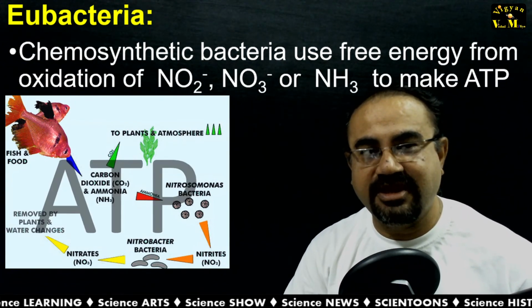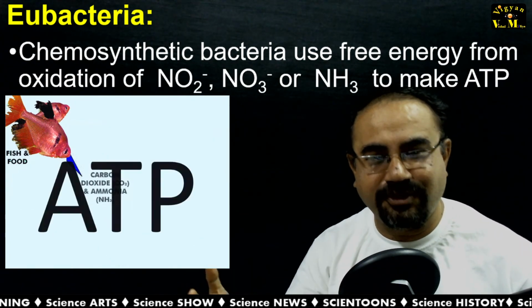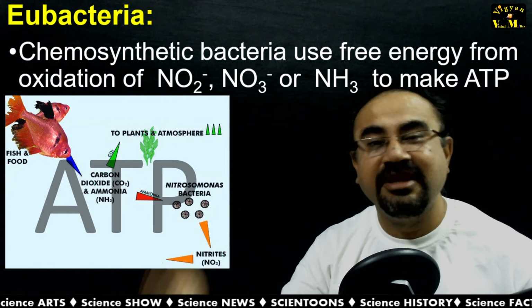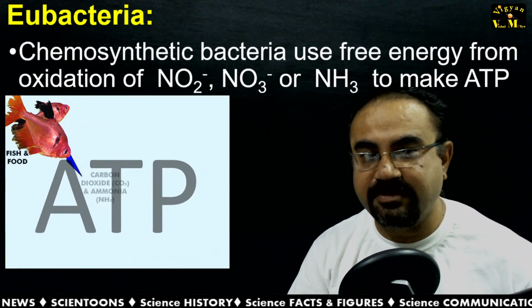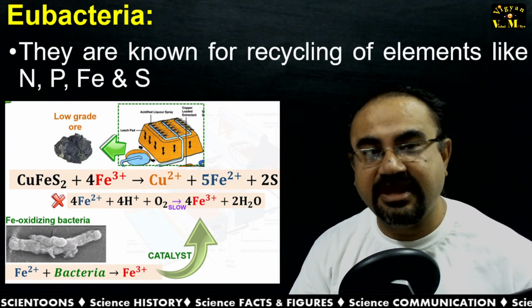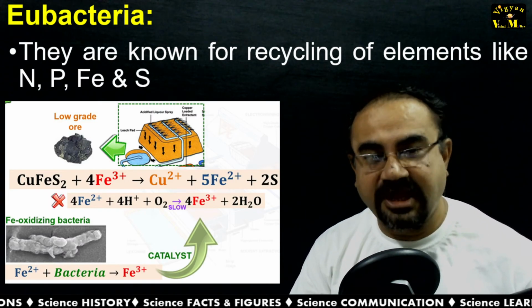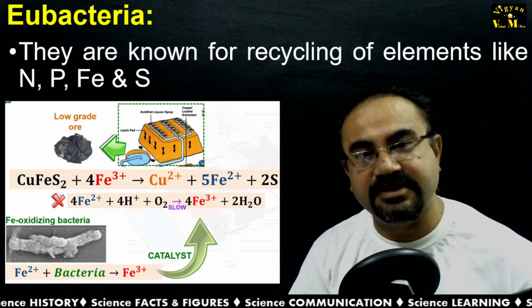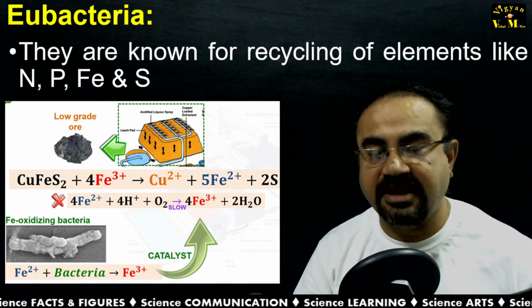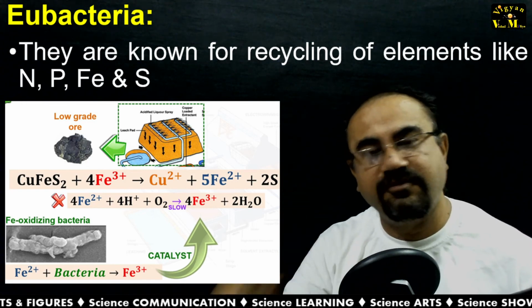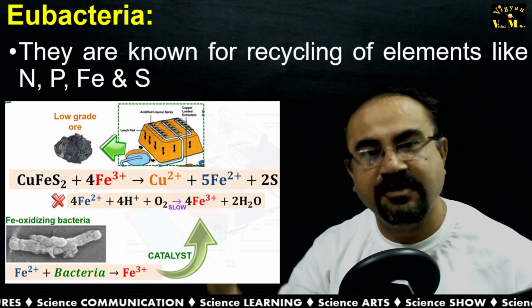So you can say they obtain food or energy from chemical processes, and that's why they are chemosynthetic bacteria. These bacteria are known for recycling elements like nitrogen, phosphorus, iron, and sulfur. These chemotrophic bacteria are of a lot of economic importance because of their ecological role.